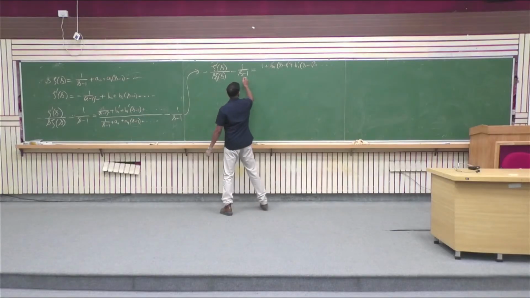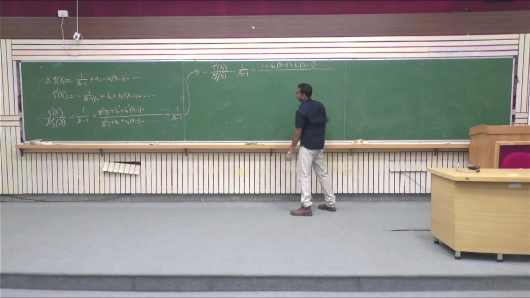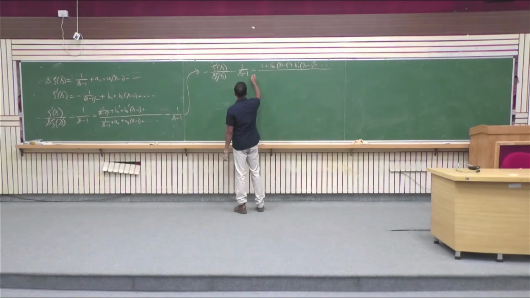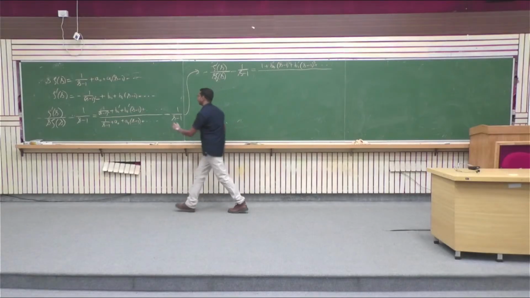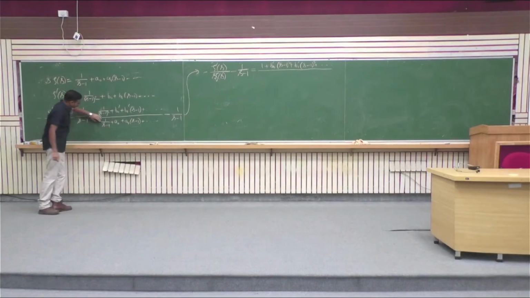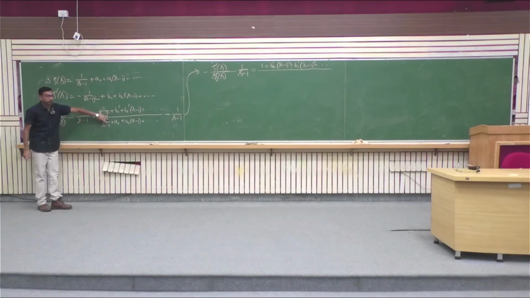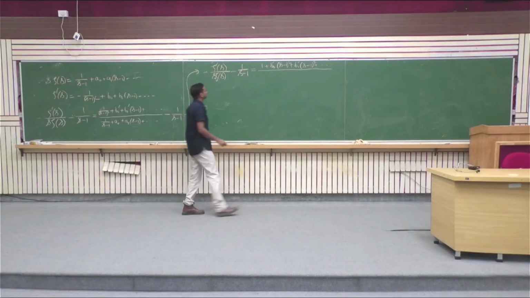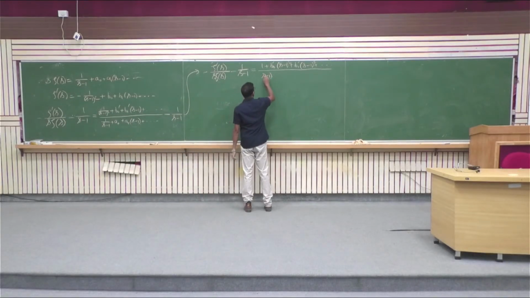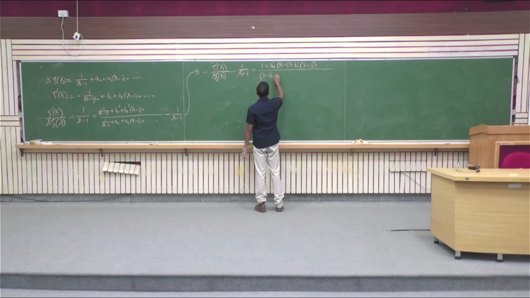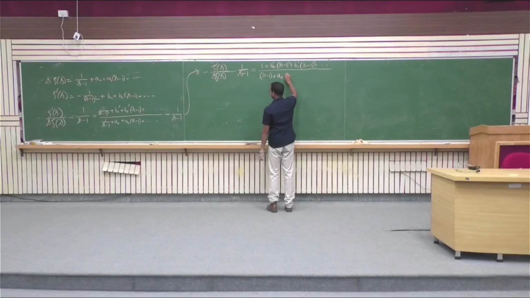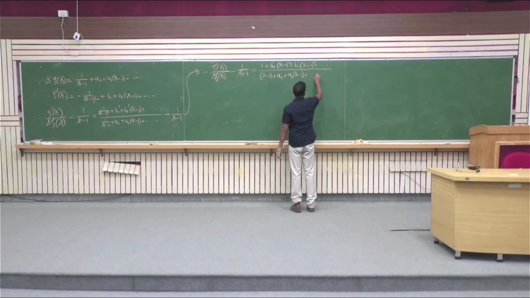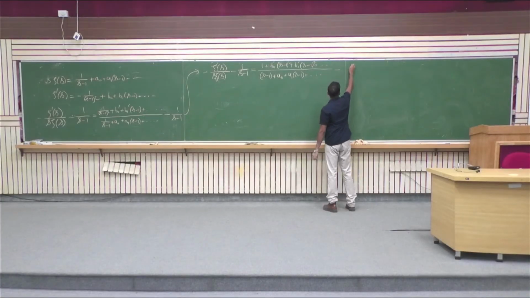And below, this s minus 1 whole square should be multiplied below, so it should start with s minus 1 plus a0 plus a1 times s minus 1 plus dot dot dot, this minus 1 by s minus 1, right?